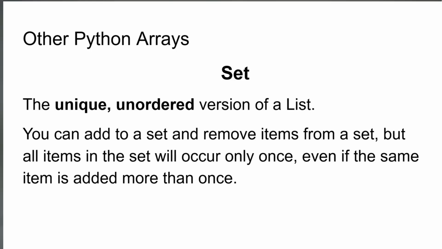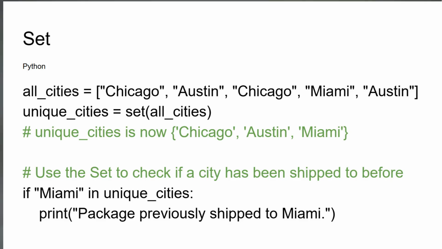So let's look at a Python example. All cities is Chicago, Austin, Chicago, Miami, Austin, and assuming that this is something that maybe we read in. So we're looking at all the different cities that we've delivered to or ship to.